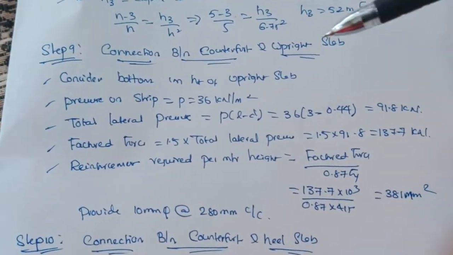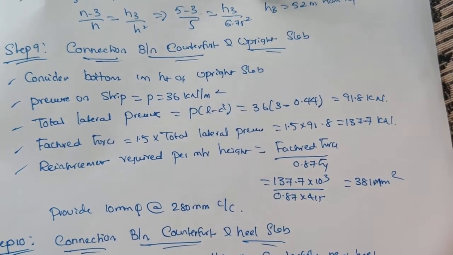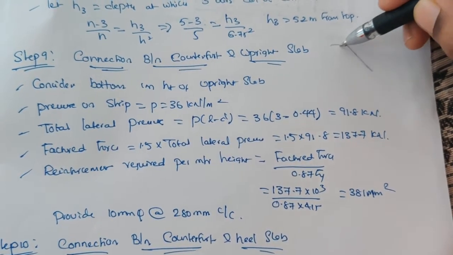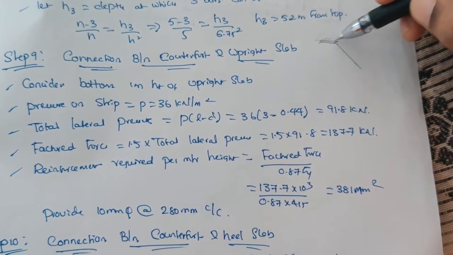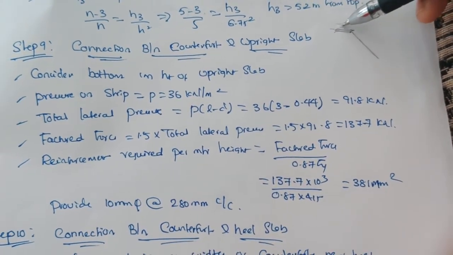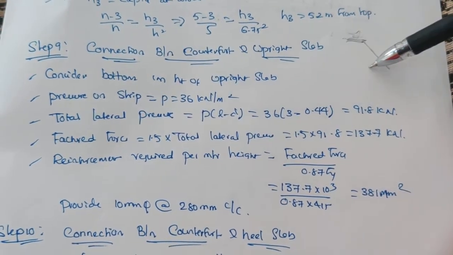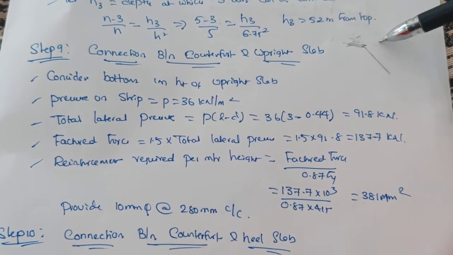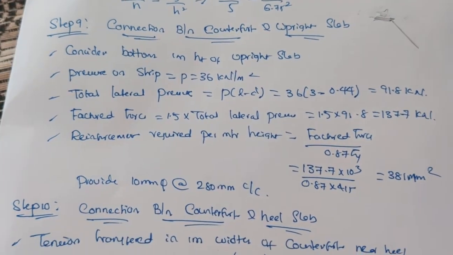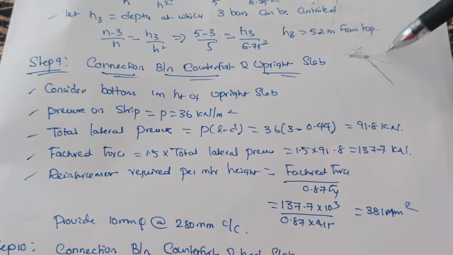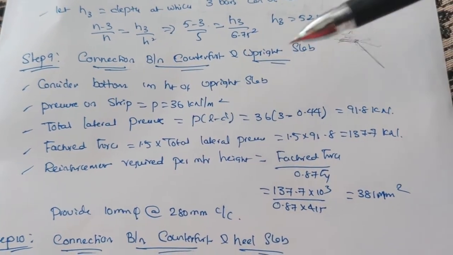So the next step is the connection between the counterfort and the upright slab. Nothing but this is the counterfort, and this one is the top slab. So this connection has to be designed. Consider the bottom 1 meter of the upright slab, from here to 1 meter. So the pressure on the slab, P, because this is maximum occurring with the backfill pressure only, P is equal to 36.